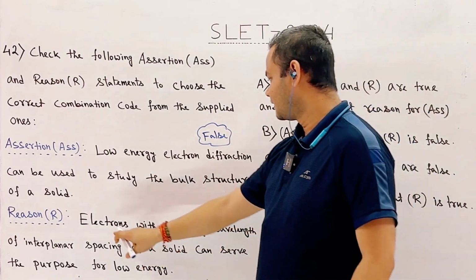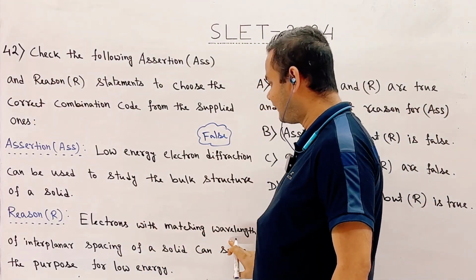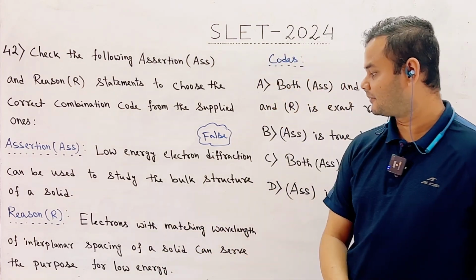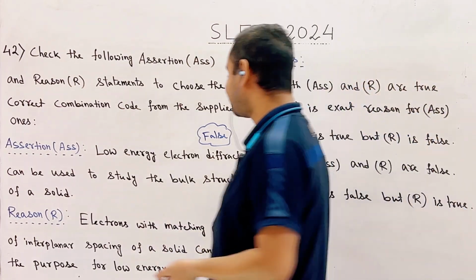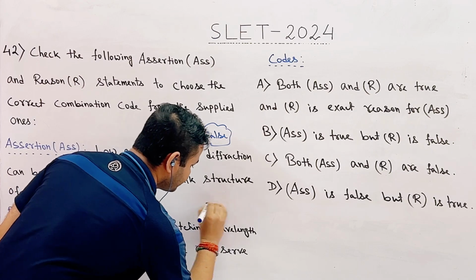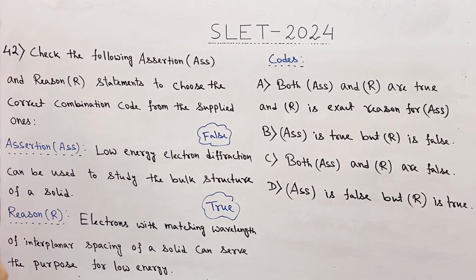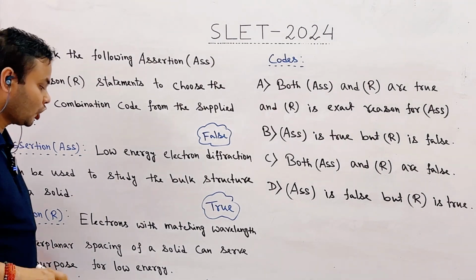Next, reason. Electrons with matching wavelength of interplanar spacing of a solid can serve the purpose for low energy. This statement is true. Electrons with wavelengths matching the interplanar spacing of a solid can indeed serve the purpose for low energy.